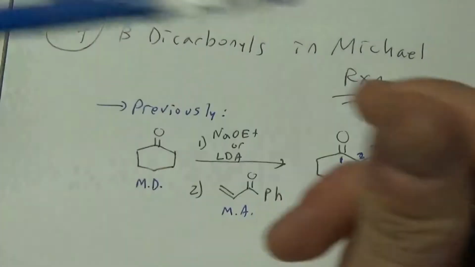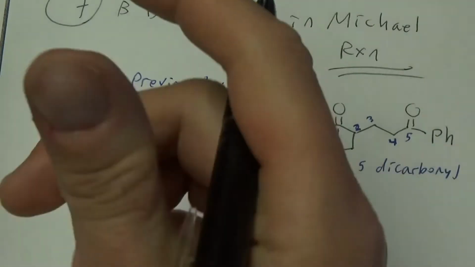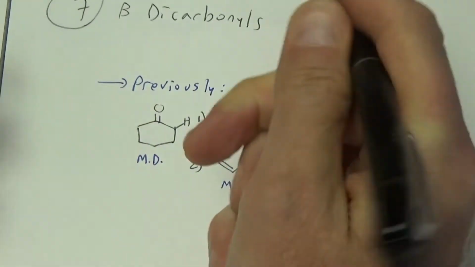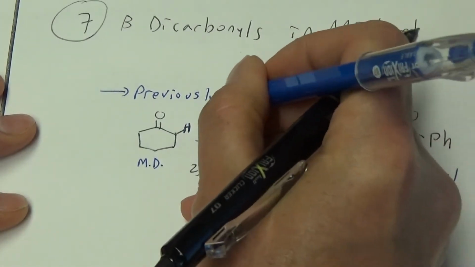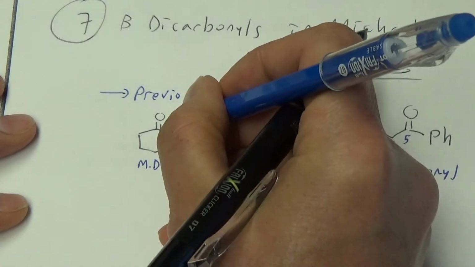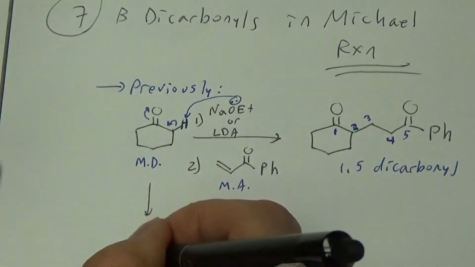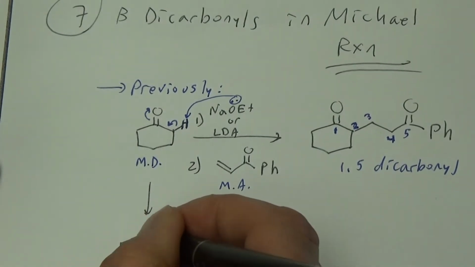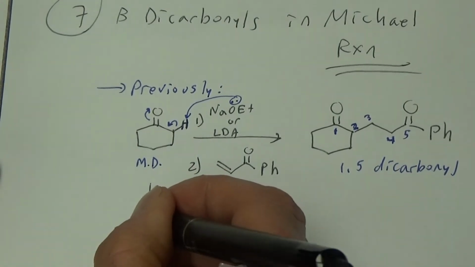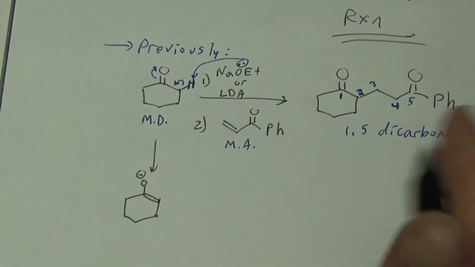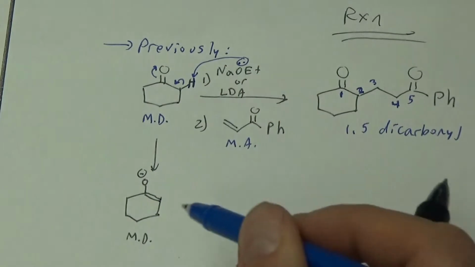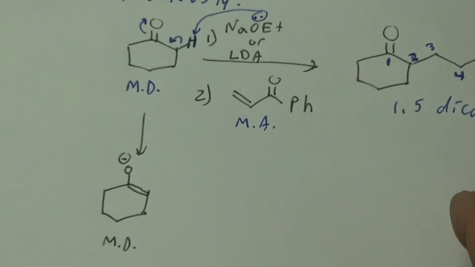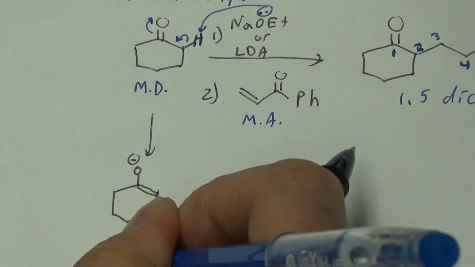Okay, and what's the mechanism of this all? It's really easy. Base takes proton. We'll use NaOEt for example. Makes a nice enolate. Still a Michael donor, but now it's like the activated Michael donor because it's a nucleophile. Nucleophilic enolate.